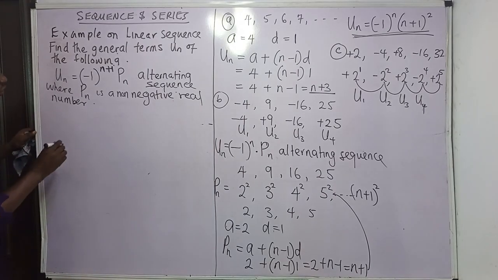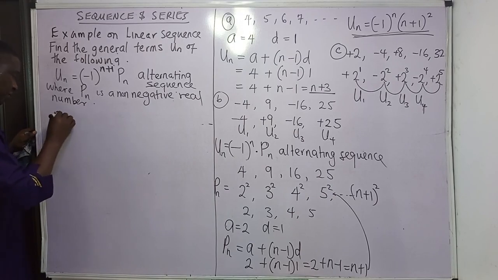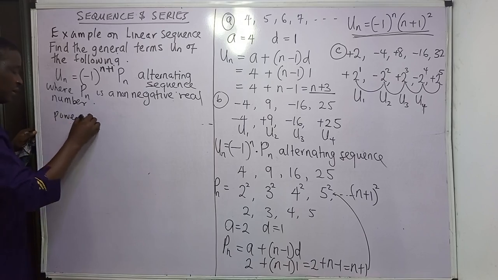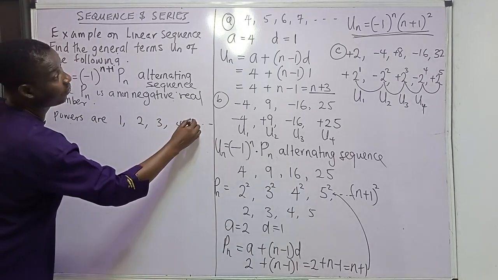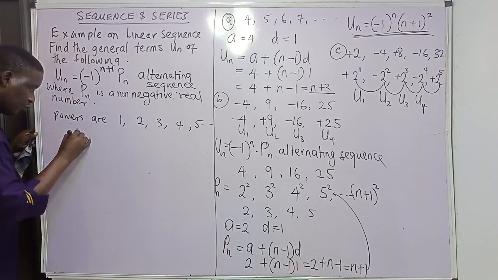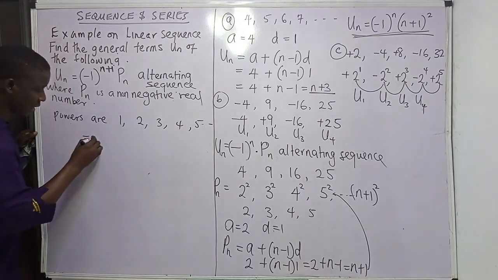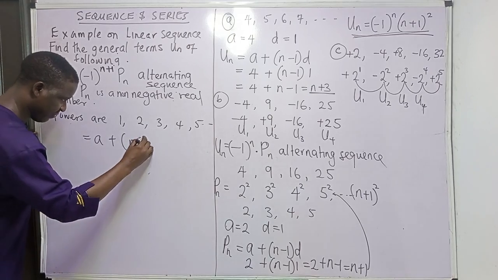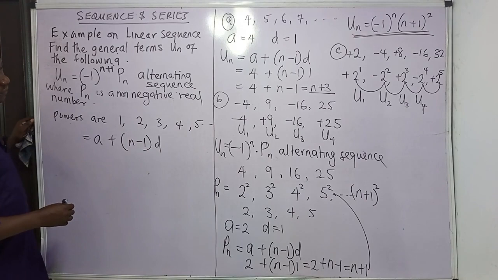Now, let's take the other one. The one that is changing there is the power. The powers are changing: 1, 2, 3, 4, 5. So what is the first term there, using S, A plus n minus 1 times d?